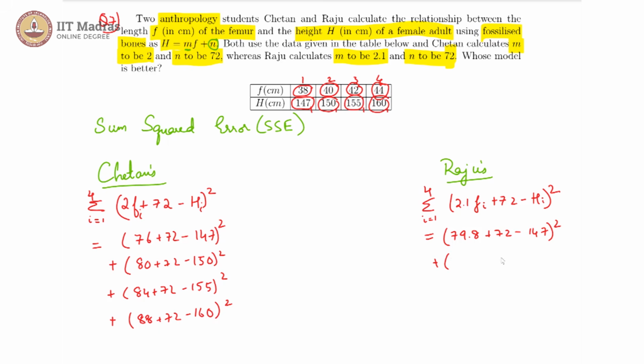And in case 2, we get 84 plus 72 minus 150 the whole square, plus in case 3 we get 88.2 plus 72 minus 155 the whole square, and lastly in case 4 we have 92.4 plus 72 minus 160 the whole square.